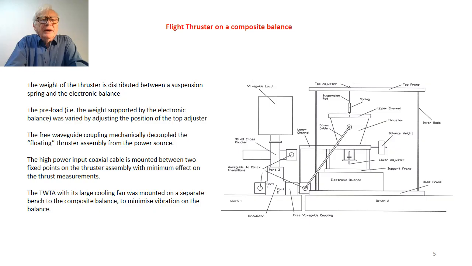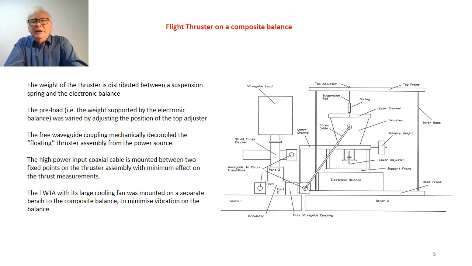The tweeter itself, we've said, produces vibration, therefore it's mounted on a separate table, and the free waveguide coupling actually bridges between the two points, between the fixed point, which is the output of the circulator, and the moving point, which is the input of the thruster itself.